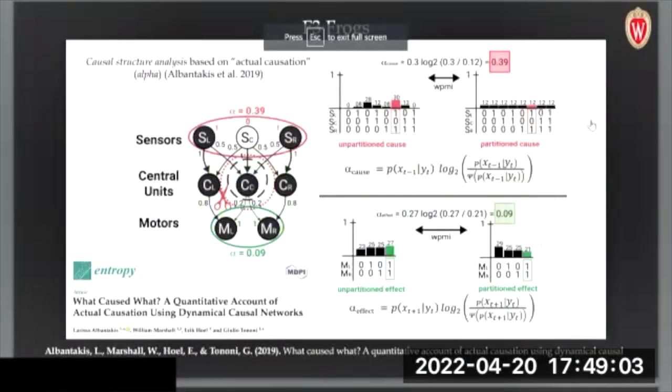Yes, it's much better. Okay, we can define exactly in mathematical terms what it means for the central unit to be causally relevant and to be irreducible. We can, for instance, apply the causal structure analysis that we propose in this paper, or we can apply actual causation as developed by Larissa Albantakis and Giulio Tononi, or other measures of causal information.